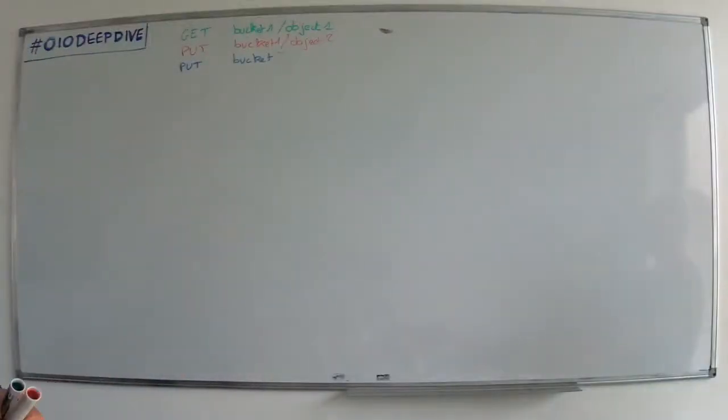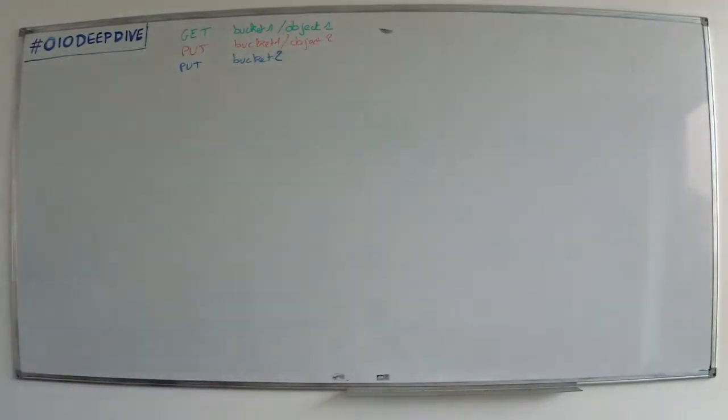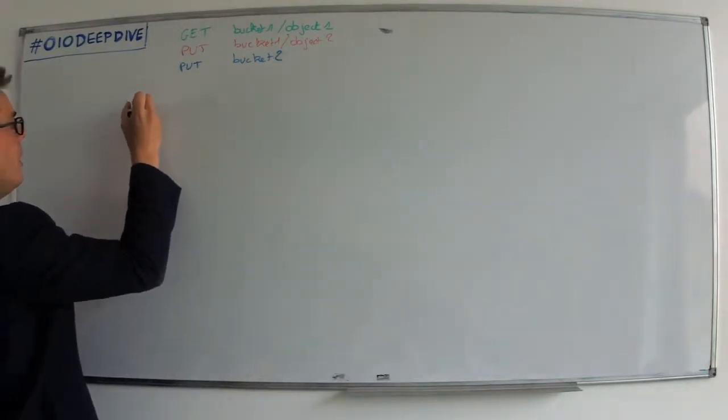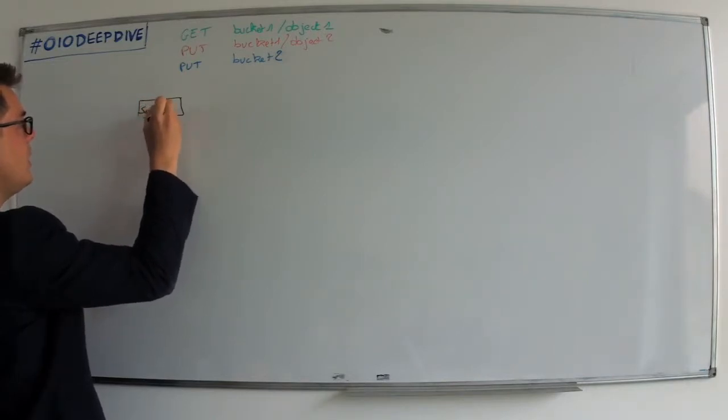Okay, so let's start with the OpenIO architecture. We start with our S3 gateway, which is also a Swift compliant gateway, so Swift and S3.